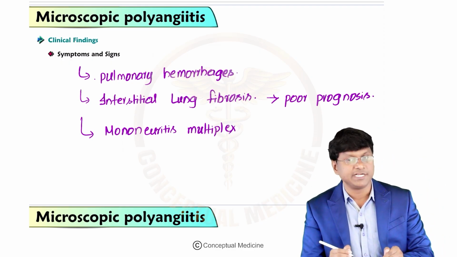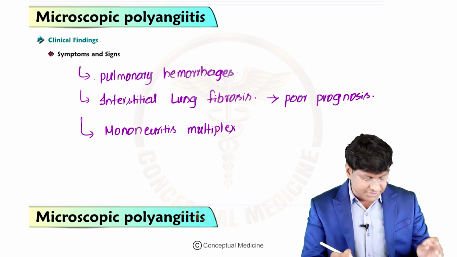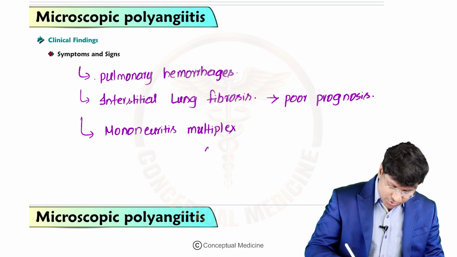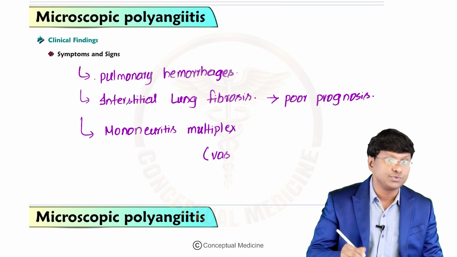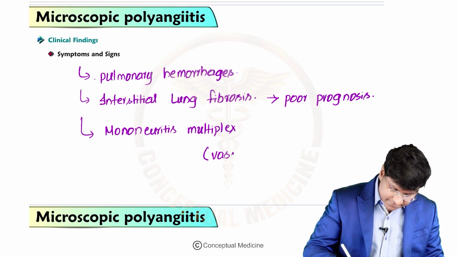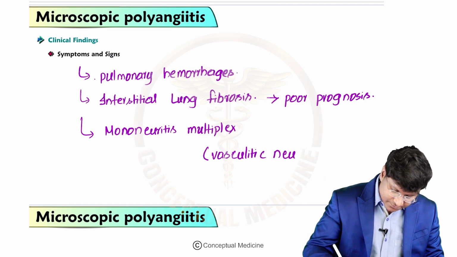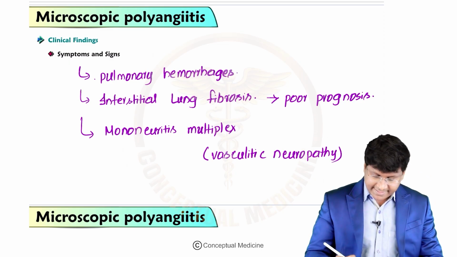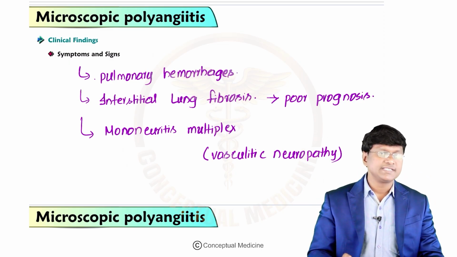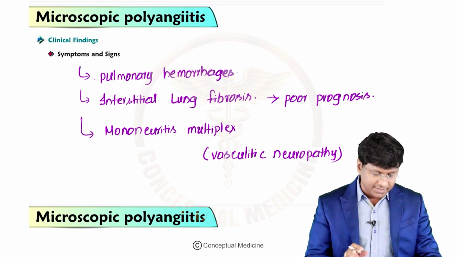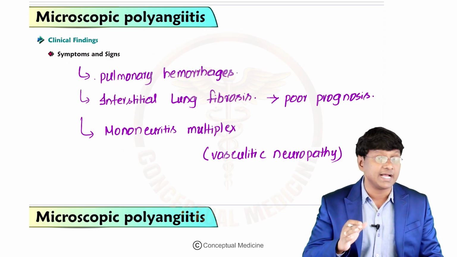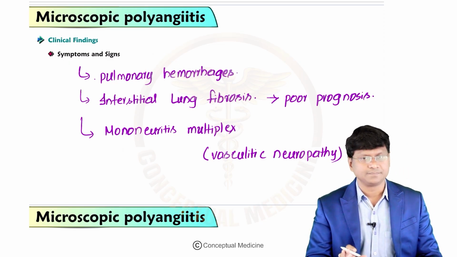So mononeuritis multiplex is also common in patients with microscopic polyangiitis, and it is due to vasculitic neuropathy. So these are the signs and symptoms of microscopic polyangiitis, that is your pulmonary renal syndrome.